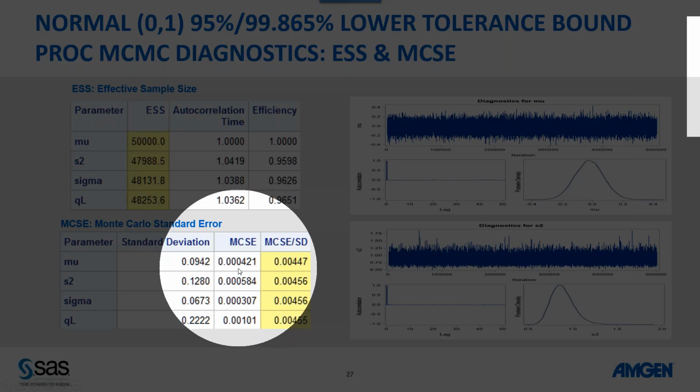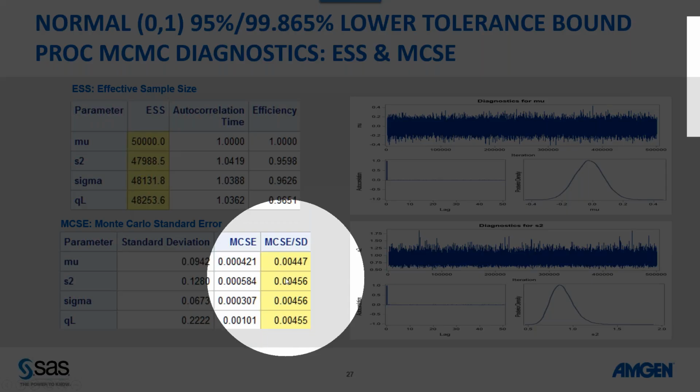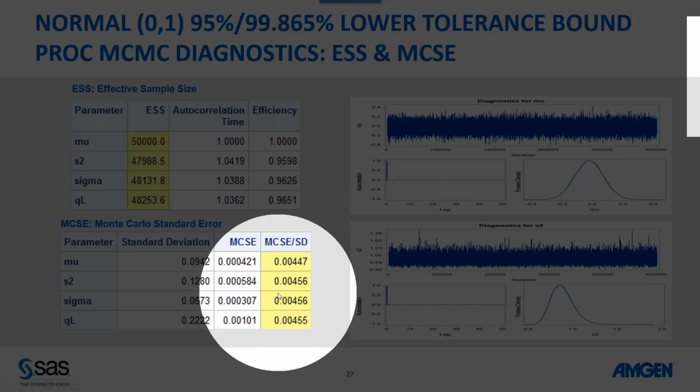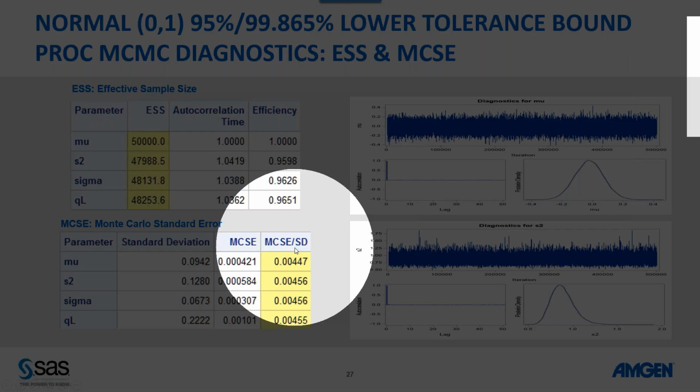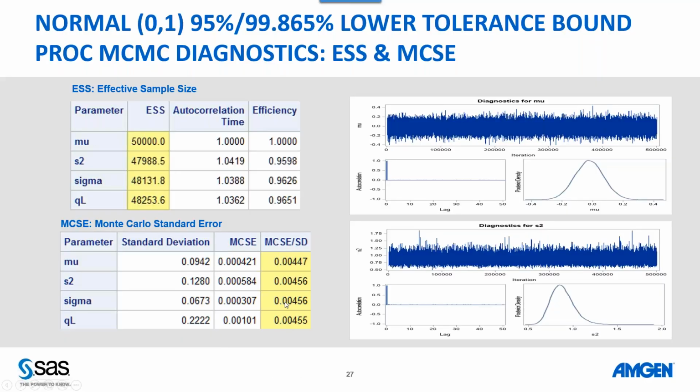That's a variability due to just running the simulation, running the Markov chain many times. If you run it again, you're going to get a different thing. So you want to get a handle on how much variability is coming from which aspect, and that's a ratio between Monte Carlo standard error and posterior standard deviation. You want the ratio to be at least a factor smaller, just to make sure that your simulation variability doesn't contribute too much to the posterior estimation. And that's what this table is for.